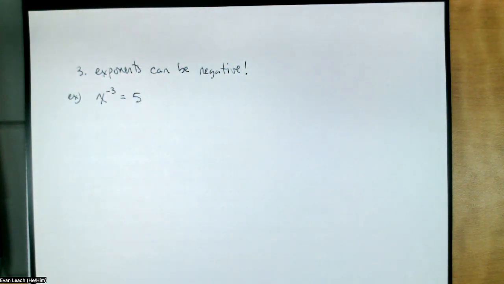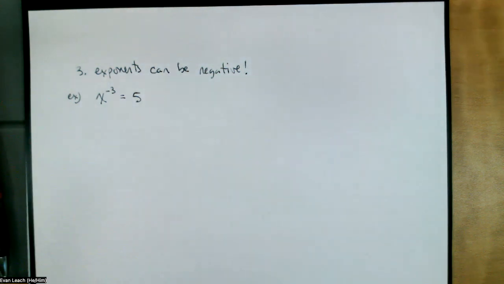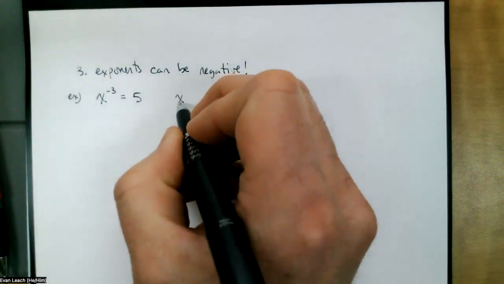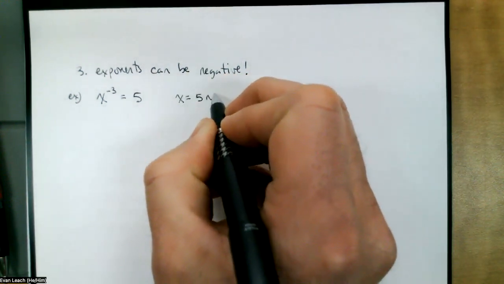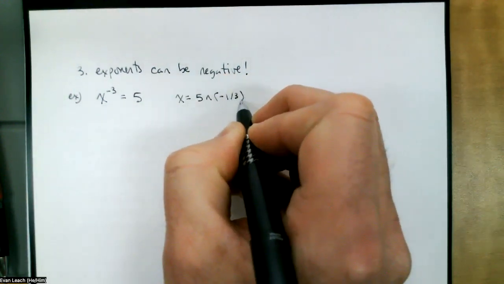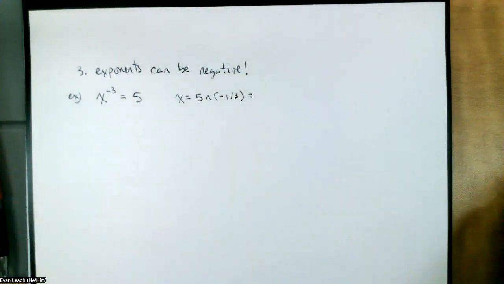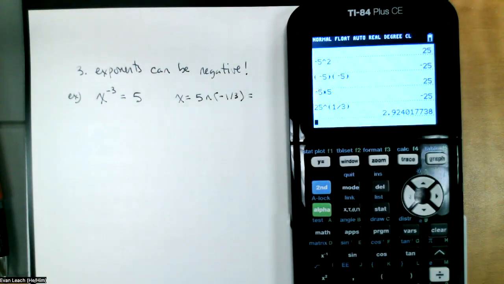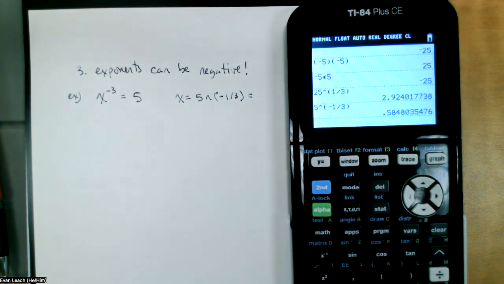But the inverse of an exponent is a reciprocal exponent. Negative 3 also has a reciprocal. It's negative 1/3. So 0.585.